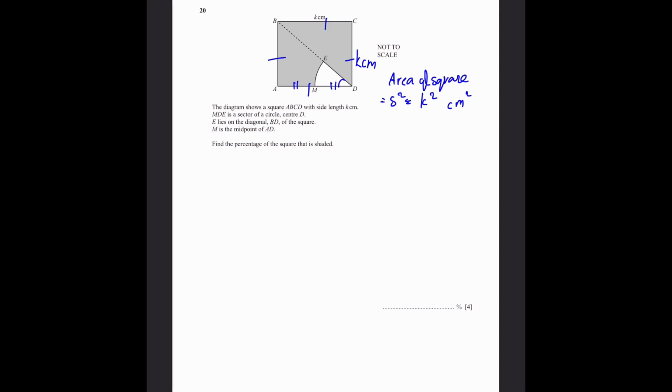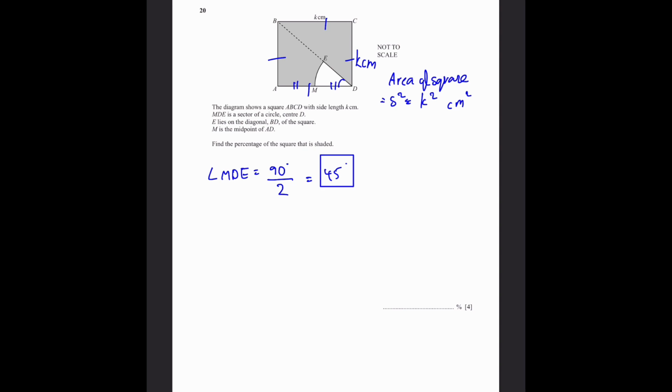Well, we know that the angles in a square are 90 degrees. Because this is a diagonal, it's actually the bisector of the angle here. That means this part and this part will be the same. So angle MDE is equal to 90 degrees divided by 2, which is 45 degrees.